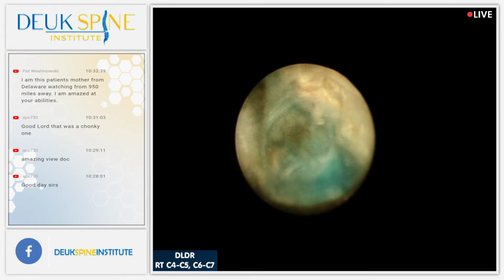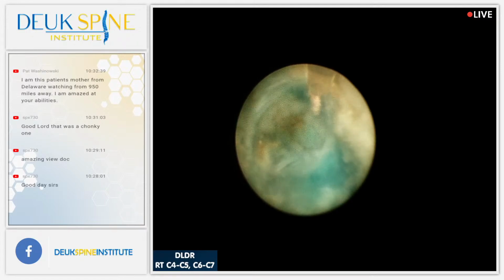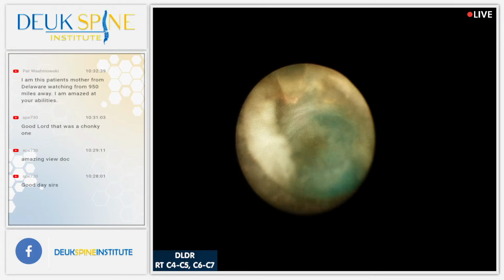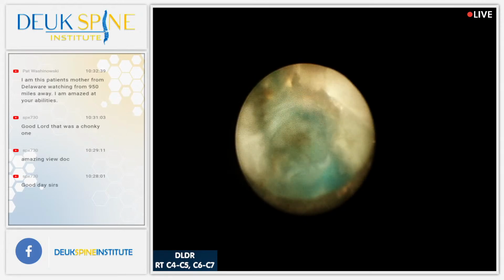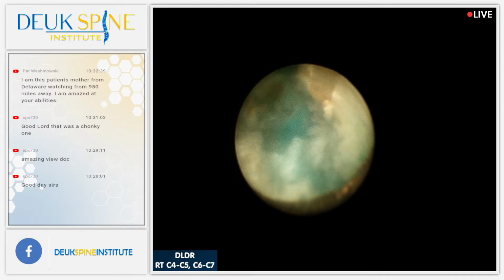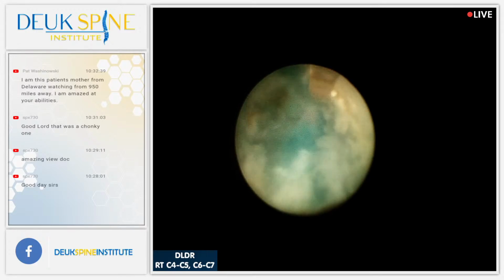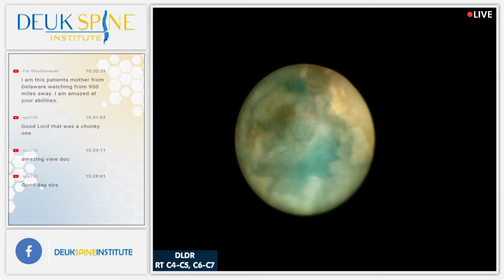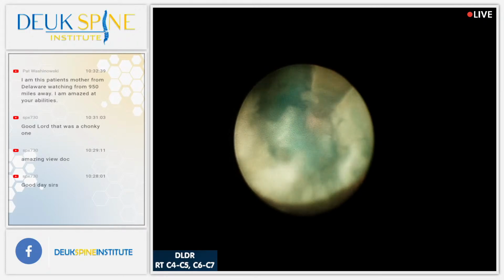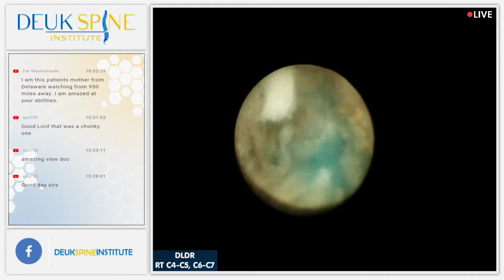So just to give you an idea of how precise the laser is, you see that laser fiber down there? That laser fiber is half of a millimeter, right? Luis, half a millimeter wide? Yes. So that just gives you an idea of how precise this laser really, really is. It's far more precise, far safer than any other type of surgery.